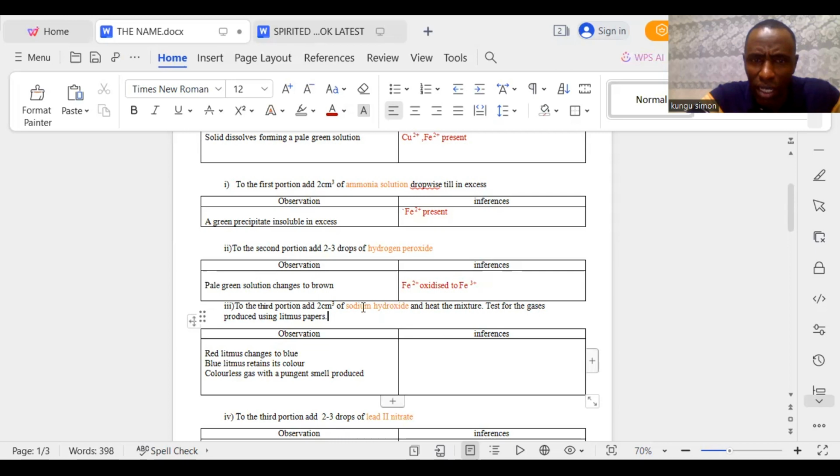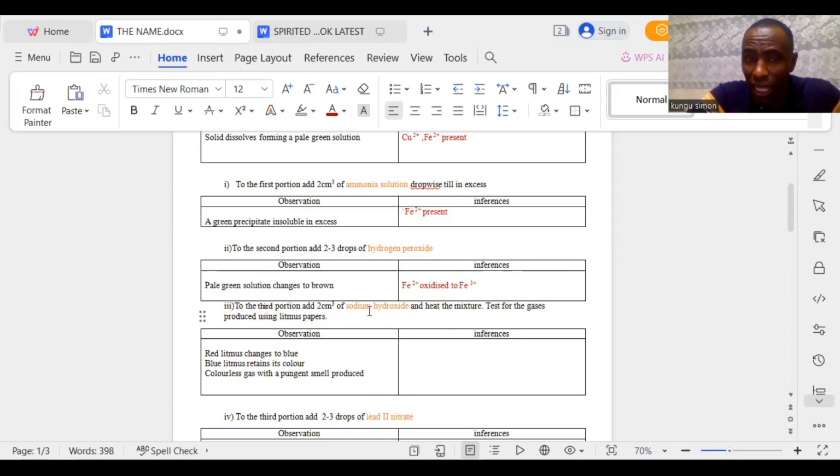In this portion, we're adding sodium hydroxide and heating the mixture, and then testing for the gases produced using litmus papers. Every time we are supposed to add sodium hydroxide and then test for the gases produced, in most cases we are looking for ammonia gas.